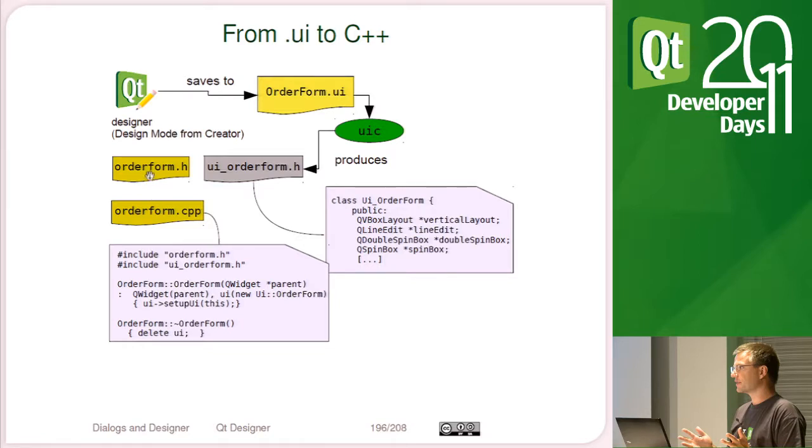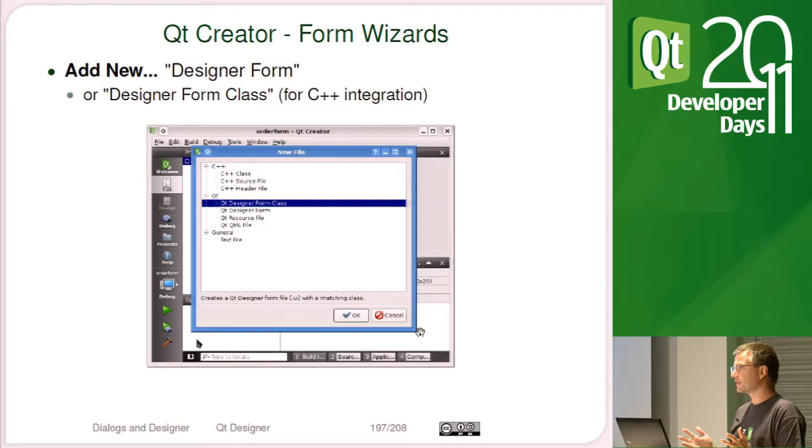But keep in mind, whenever you add a new designer form, Qt Creator generates a UI, a CPP, and a corresponding header file for you. So, and this is the important point, how to add designer forms. Just add a new designer form class to generate these three files.